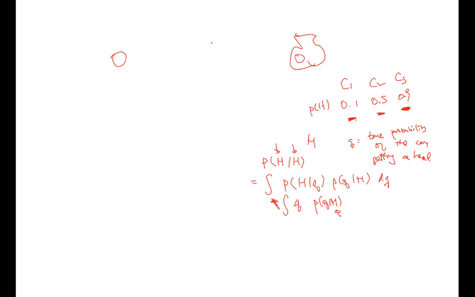I decompose this into the form P(H given Q) times P(Q) over P(H), right? Something like that. And by the way, the P(H) here is the observation here. This is just a, what should I say?